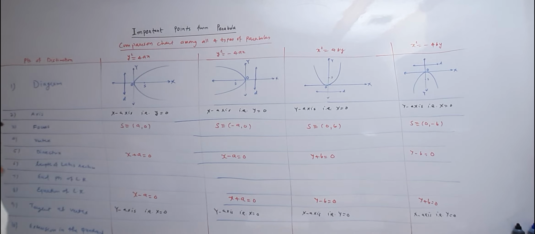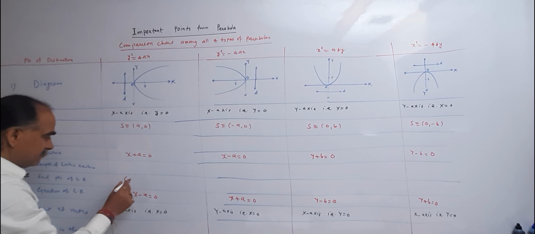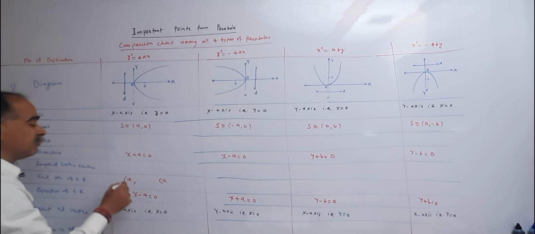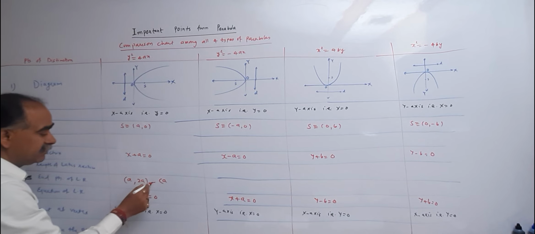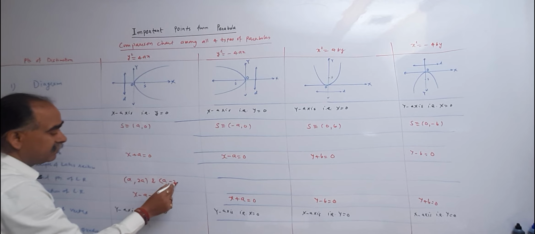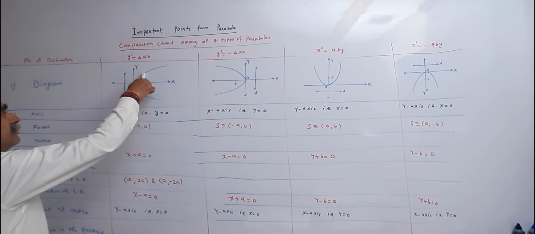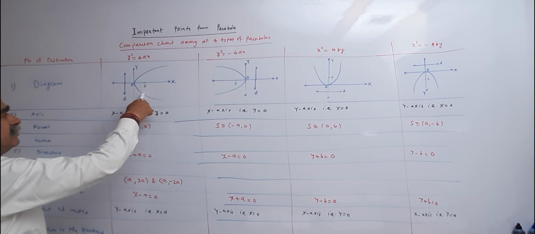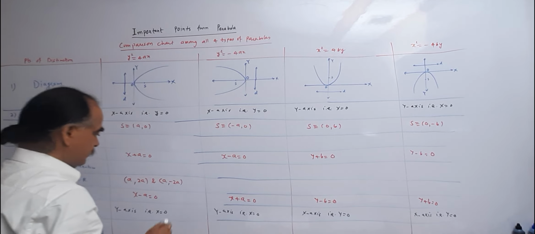Then end points of latus rectum. Focus is what? A. So both end points will have x coordinate a and y coordinate is what? Double of this. One is plus 2a and the other is minus 2a. There are two end points. One is on this side, that is first quadrant, another is on this side, that is fourth quadrant.